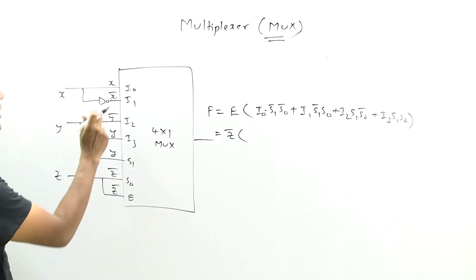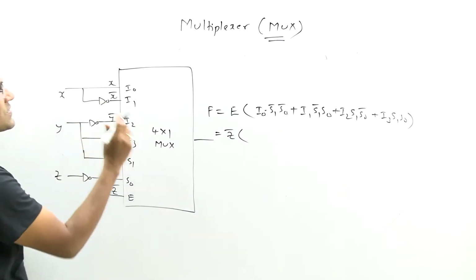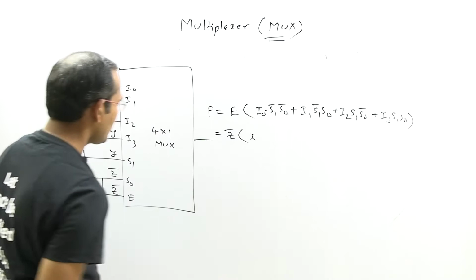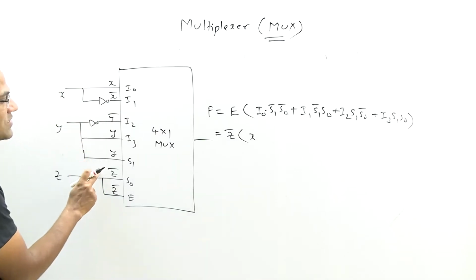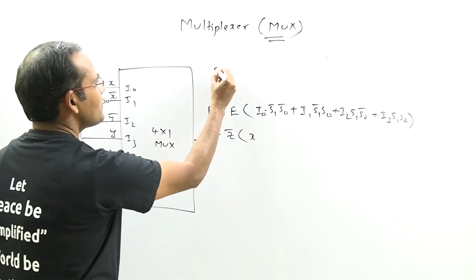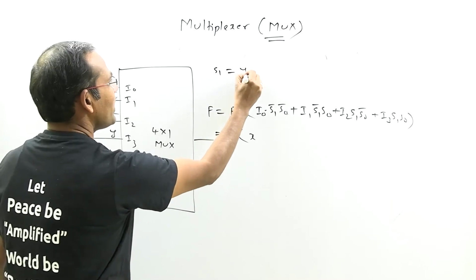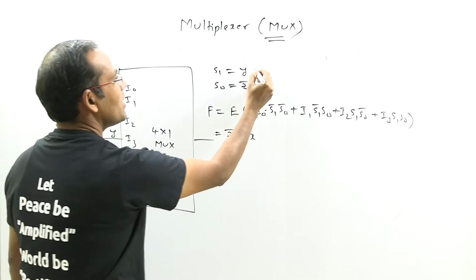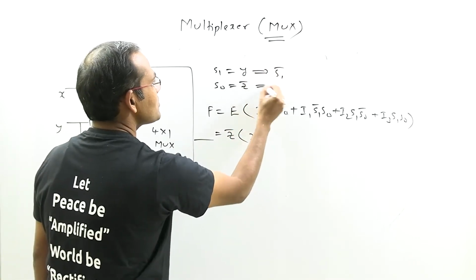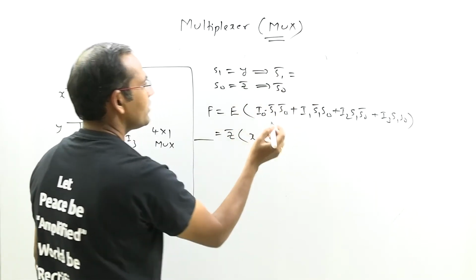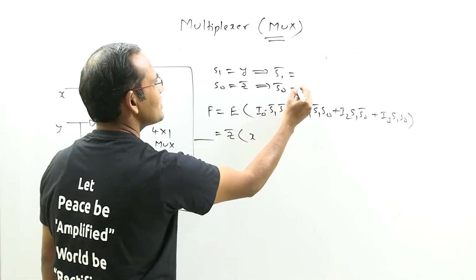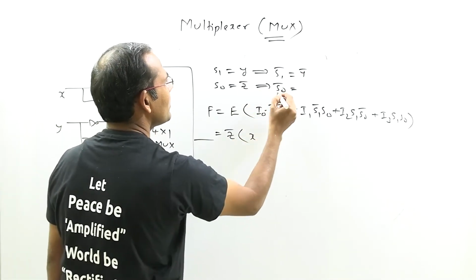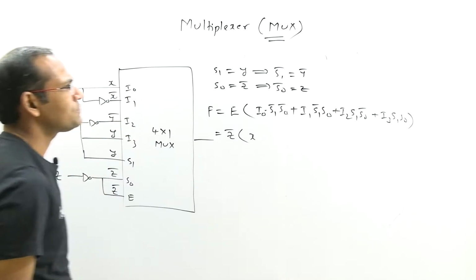And I naught is x. I need S1 bar, S0 bar. Here S1 is y, S0 is z bar. S1 bar will be y bar, S0 bar will be z.